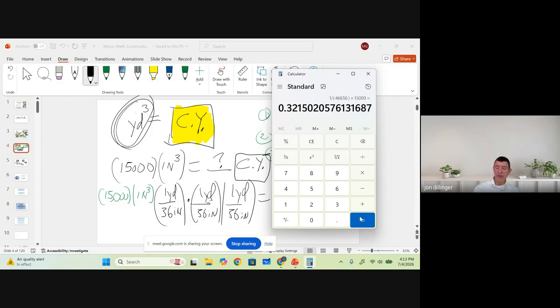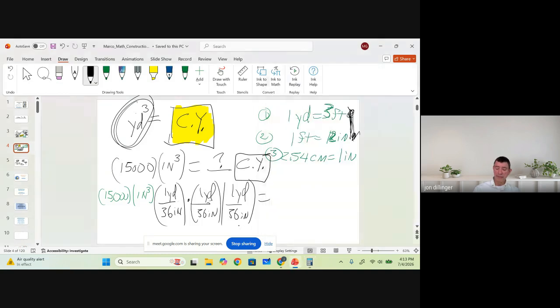So you're going to get 0.3215. Inches is gone. You're only left with yards, so it's yards cubed.